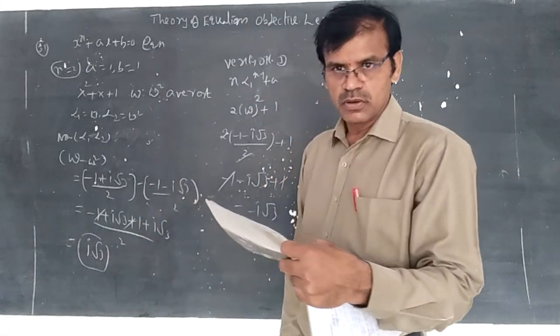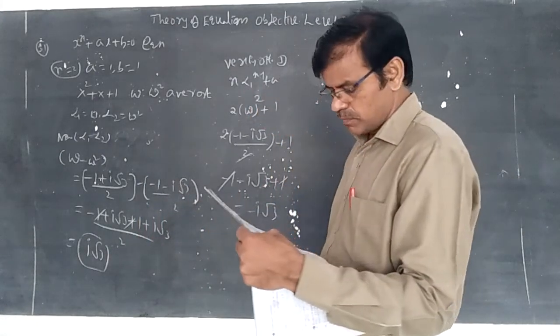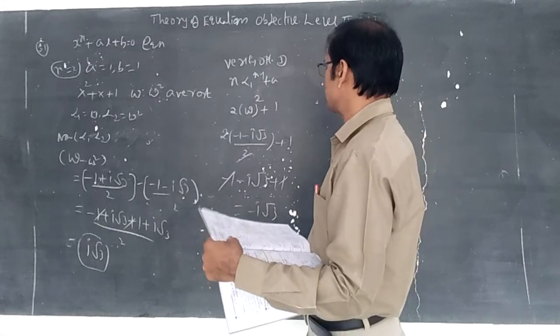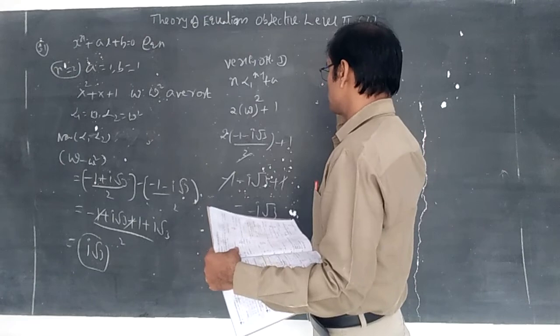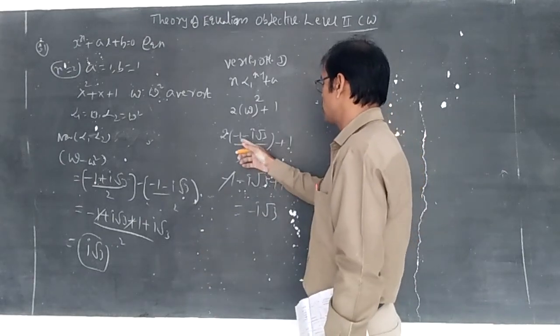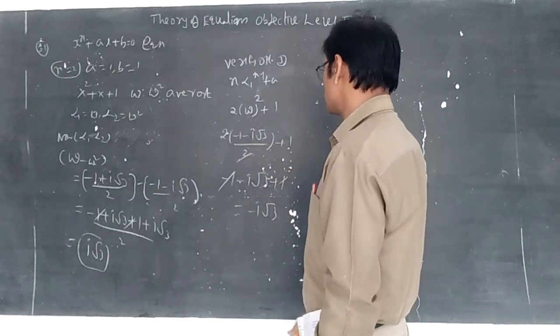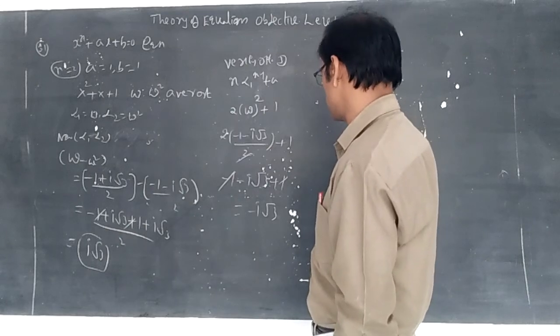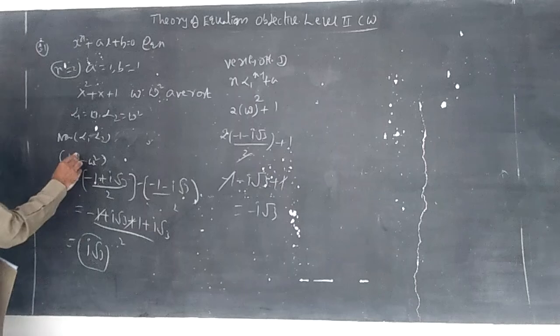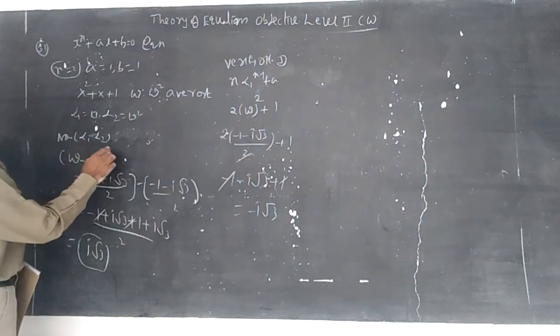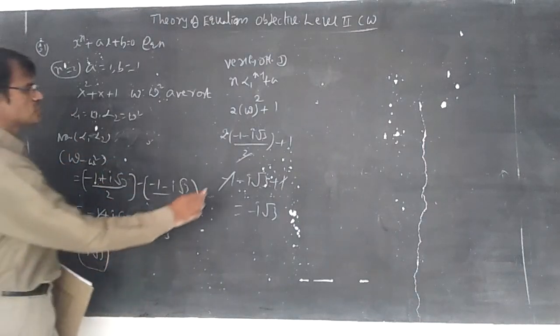Plus n into alpha 1 power n minus 1. Alpha 1 means omega, yes, it is sure. Omega square by 2 is minus 1 minus I root 3 by 2. 2 got cancelled. So 2 into omega square plus 1, this is minus I root 3. Here my alpha 1 means omega, so omega whole square.